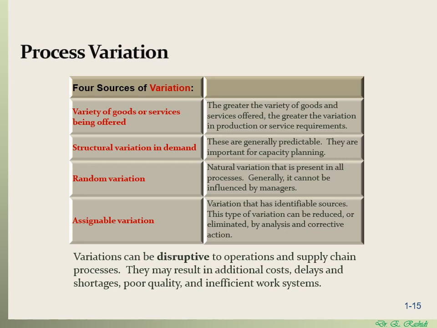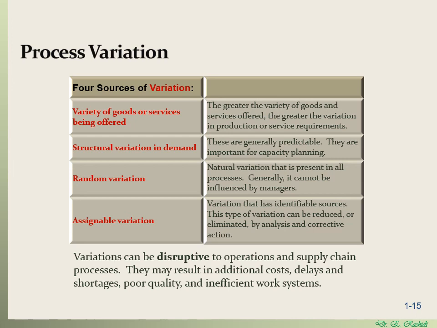And then we have assignable variation. Assignable variation comes from sources or causes that we can control. For example, machines or labor could be causing that variation in a process. So we can manage or eliminate that variation.